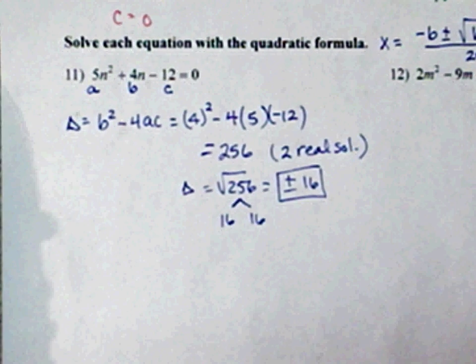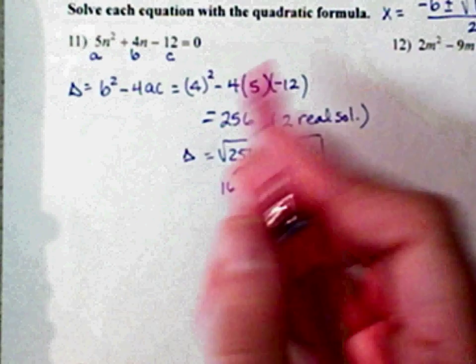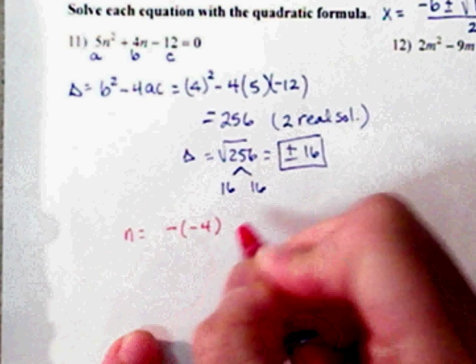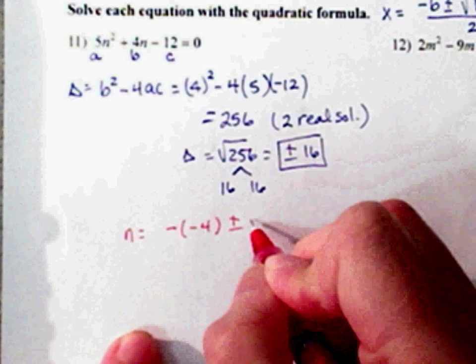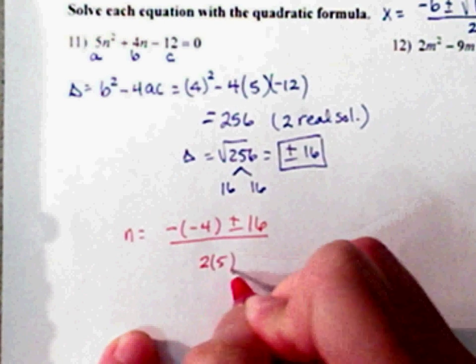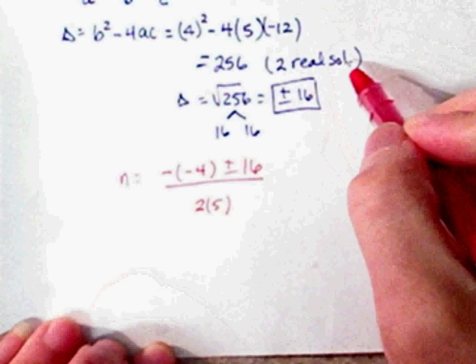Now you plug it into the quadratic formula. So you have x equals negative b plus or minus 16, all of it over 2 times a. Notice you're going to have 2 real solutions. Here's your first one.